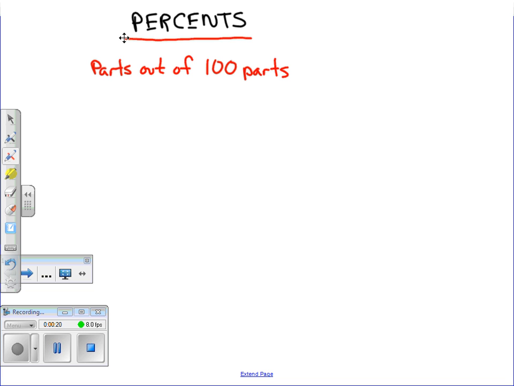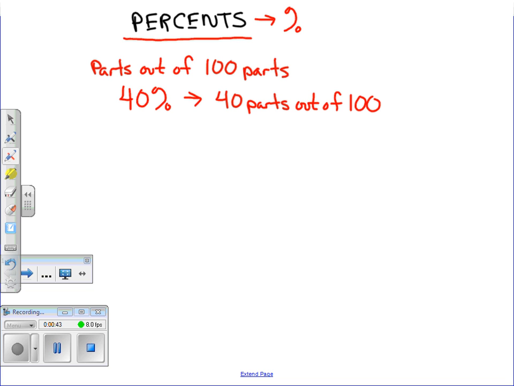For example, if I write 40%, percent is represented by this symbol here, what I mean is I am referring to 40 parts out of a total of 100 parts.